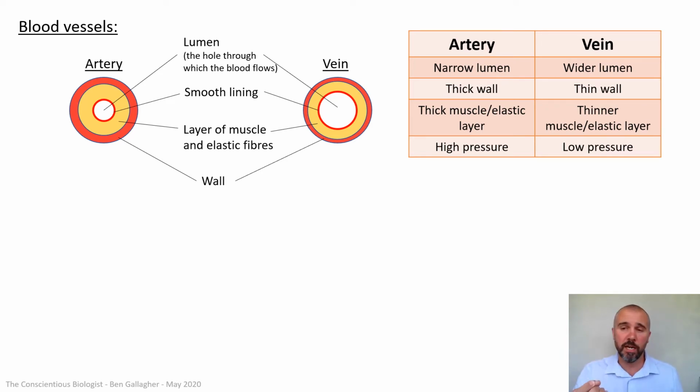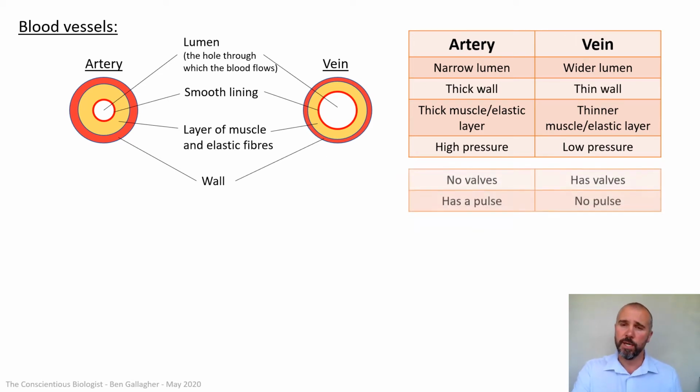So they have a thinner wall and a thinner muscle and elastic layer. It's not thin, the muscle and elastic layer, but it's thinner than what you'd find in an artery. And that's because, as I've just described, it's about the pressure. In an artery, you've got very high pressure because it's just come from that huge pump from the ventricles. In a vein, it's just slowly making its way back to the heart. So it's much lower pressure.